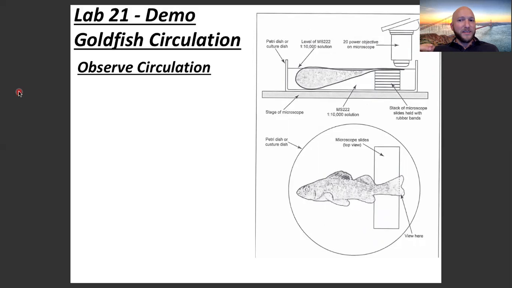But when you actually see it, it changes your view on it, and how you process it. So in lab we have a live goldfish, and I get to play anesthesiologist and put it to sleep for a little bit.